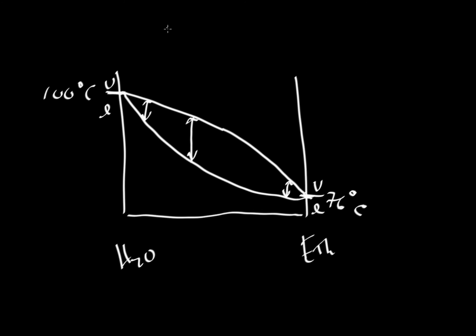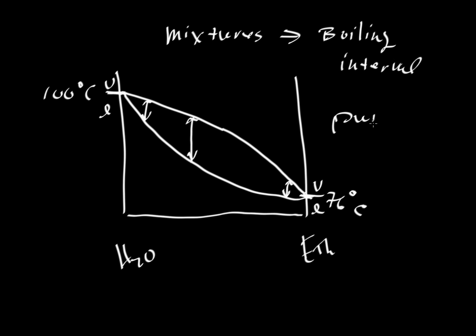So the key thing here is that mixtures of two or more things are going to have a boiling, or as we'll see later, also a melting interval, while pure substances are going to have a very sharp boiling point.